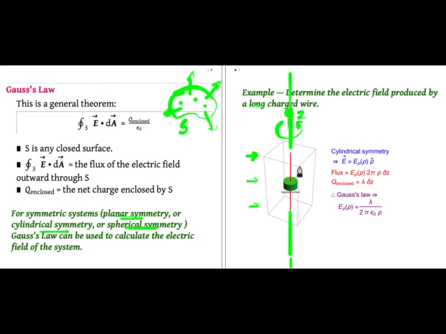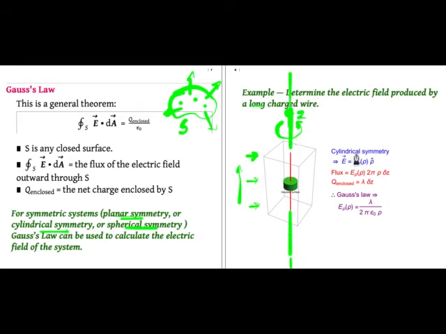If it's infinitely long, this is no closer to the end than this or this. So these 3 points are all equivalent. So I have two kinds of symmetry here. I have translation invariance in the z direction, and I have rotational invariance around the z-axis. That's the azimuthal angle.